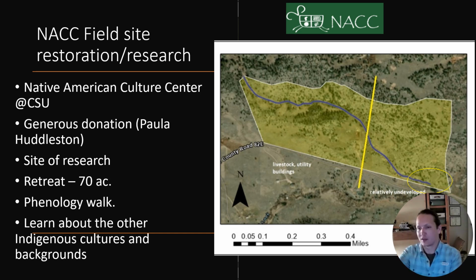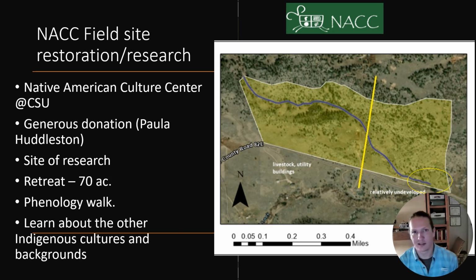So the property is two parcels. If you look at the picture over here, the western side is where houses and utility buildings are, and then there is seasonal grazing livestock. So there's a little bit of soil compaction, but there's an enormous cliff that runs to the north side of what looks like a river in this picture.